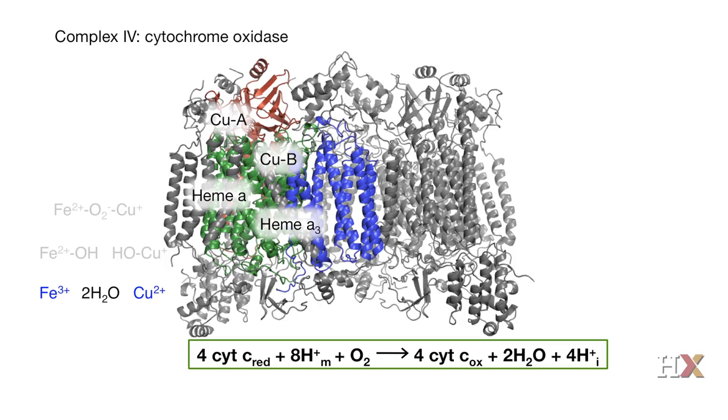And during the transfer of electrons, 4 additional protons are transported across the membrane from the mitochondrial matrix to the intermembrane space. So in conclusion, the 2 electrons and 2 protons given by NADH plus H plus lead to the formation of 1 molecule of water and the transport across the inner membrane of the mitochondria of 10 protons that will lead to the buildup of the proton gradient.